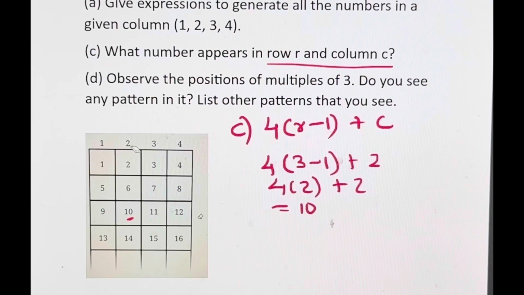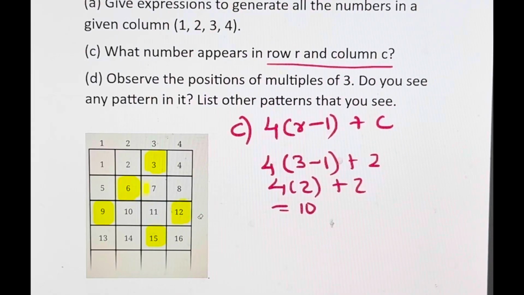Now question number 4 is asking us to observe a pattern. Observe the positions of multiples of 3. Do you see any pattern in it? List other patterns that you see. So if we observe the pattern, let us color the multiples of 3, then 12, 15.